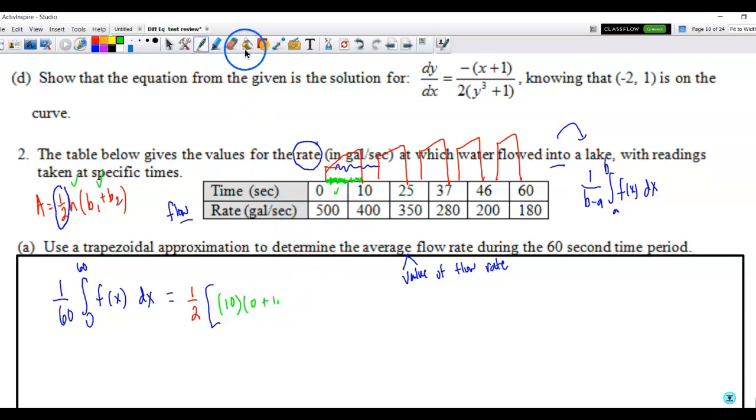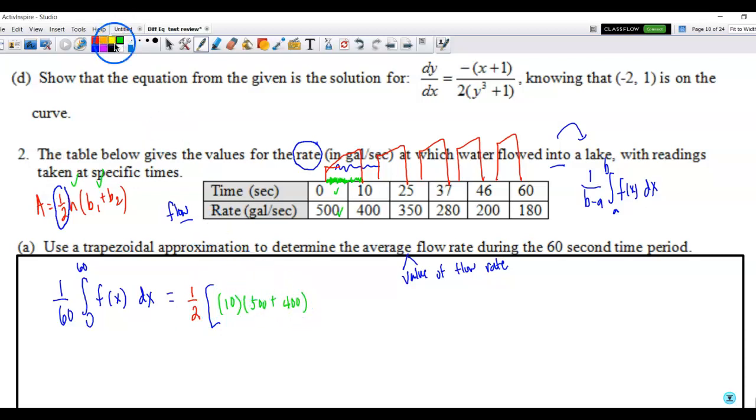Oh, wait a minute. That's the time. All right. So height number 1, base number 1 is 500 plus base number 2 is 400. So there's the half, the height, the base 1, the base 2.